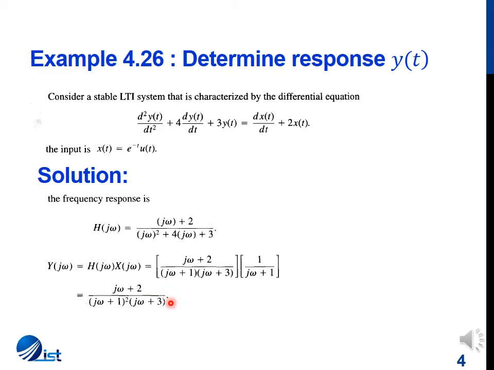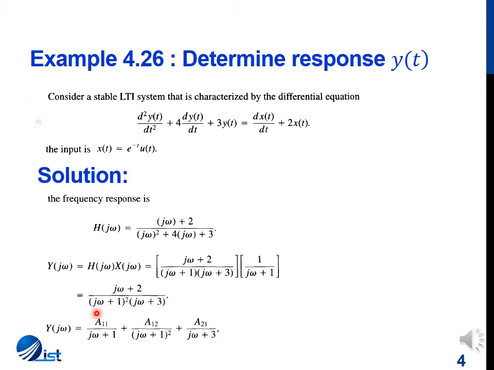Now to determine y(t), we have to decompose this expression into partial fractions so that we can take an inverse transform by inspection. So Y(jω) is A11/(1+jω) + A12/(jω+1)² + A21/(jω+3).